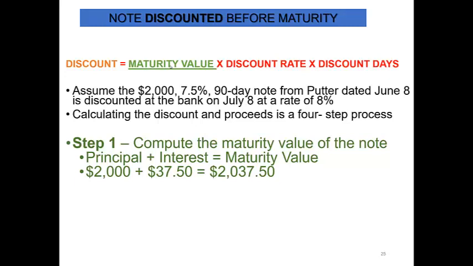We can calculate interest. So when this note matures, what will it be worth? It will be worth the principal plus the interest on it. So $2,000 at 7.5% for 90 days is $37.50. So when this note matures, it will be worth $2,037.50. That's the maturity value.